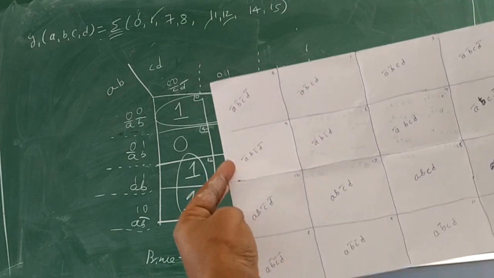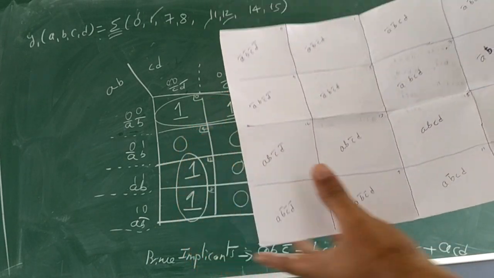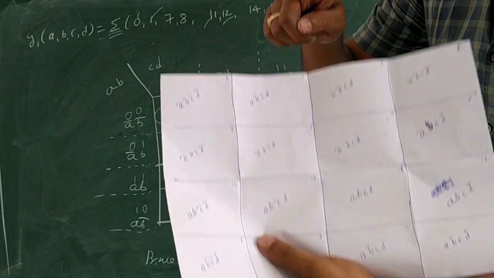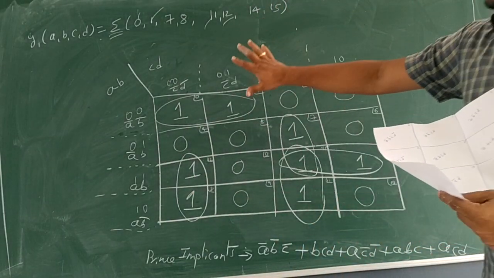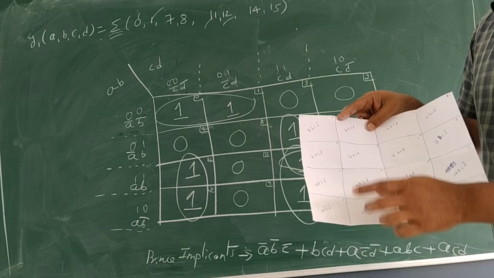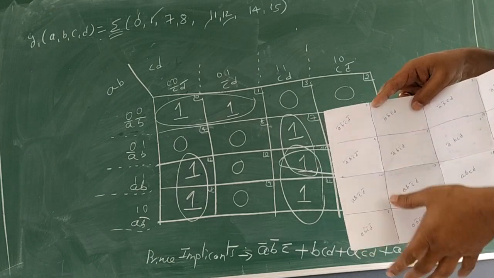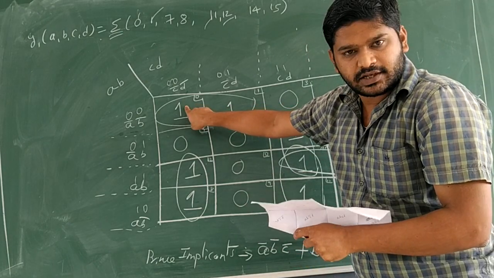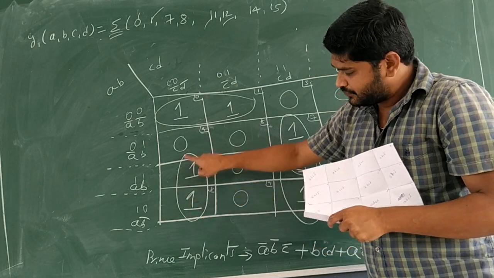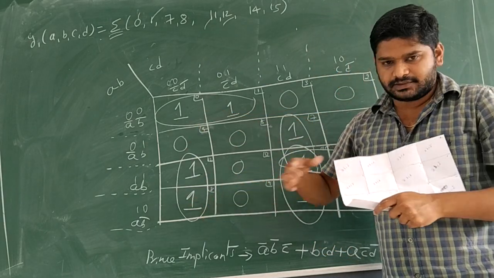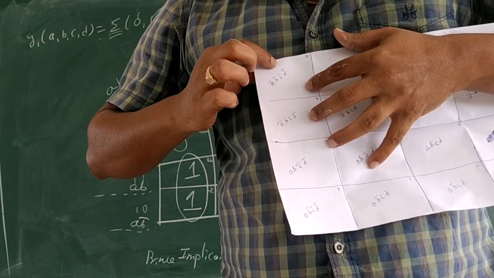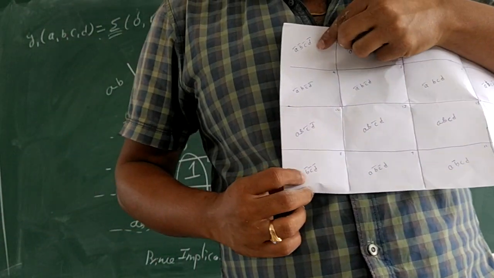The previous function I have written on the paper. Now imagine this here. Now you see the ones are at the 0th cell and 8th cell.